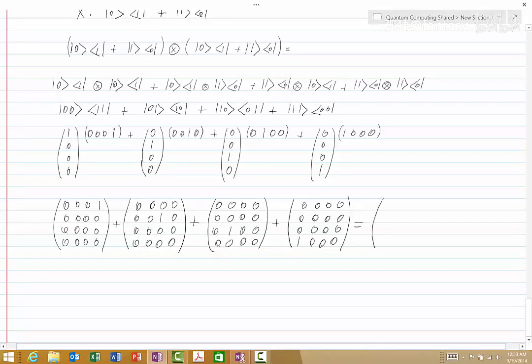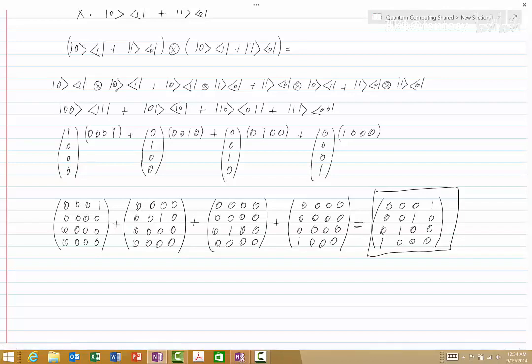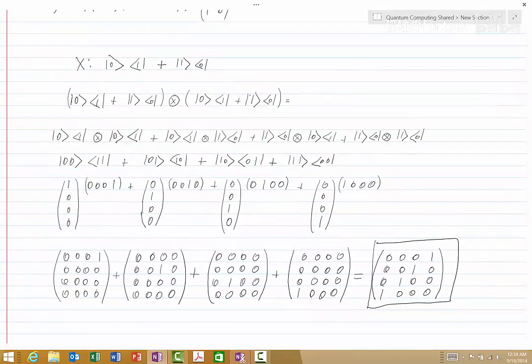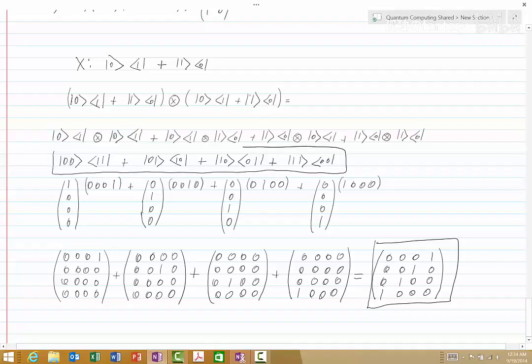And now when we add all of these matrices together, we get 0, 0, 0, 1, 0, 0, 1, 0, 0, 1, 0, 0, 1, 0, 0, 0. So this is the answer right here. This is the answer in matrix form that we would obtain for the tensor product of X with itself. But actually, remember, we're asked for the bracket notation, and so we found that up here. We could have stopped at that point.